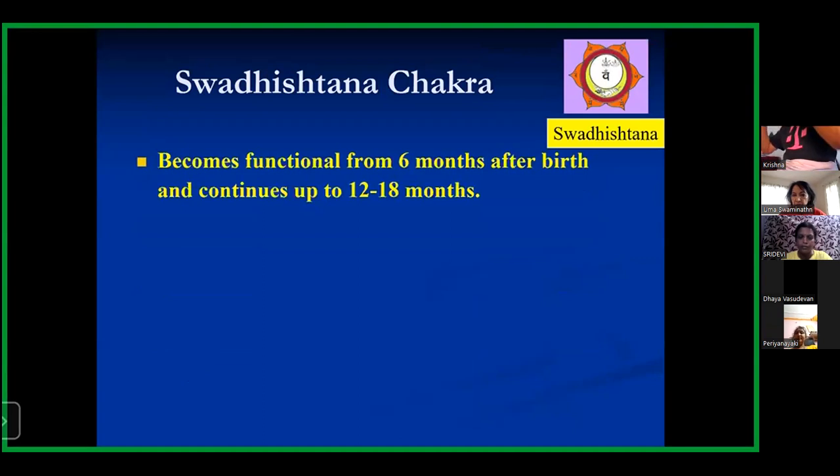Muladhara chakra starts developing at the third trimester of pregnancy. From fertilization up to the third trimester, the fetus grows, but it just gets life at the stage of the third trimester.